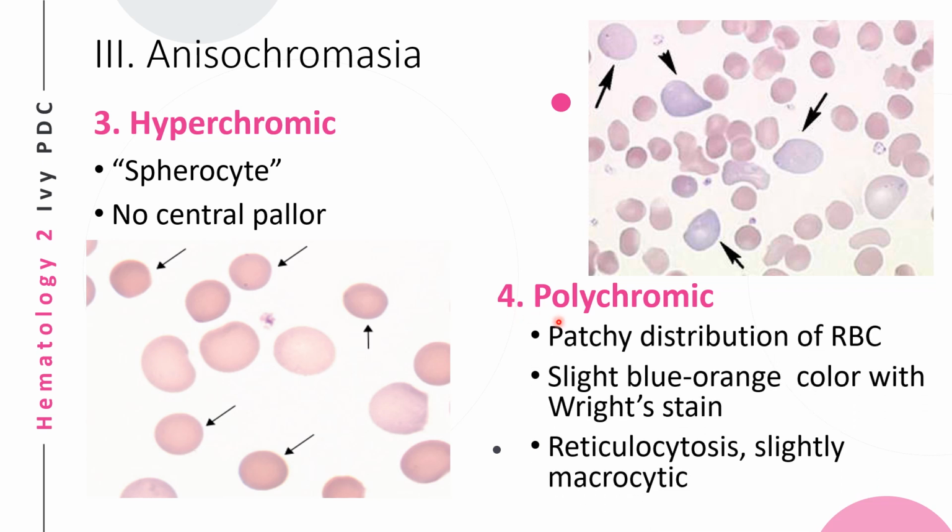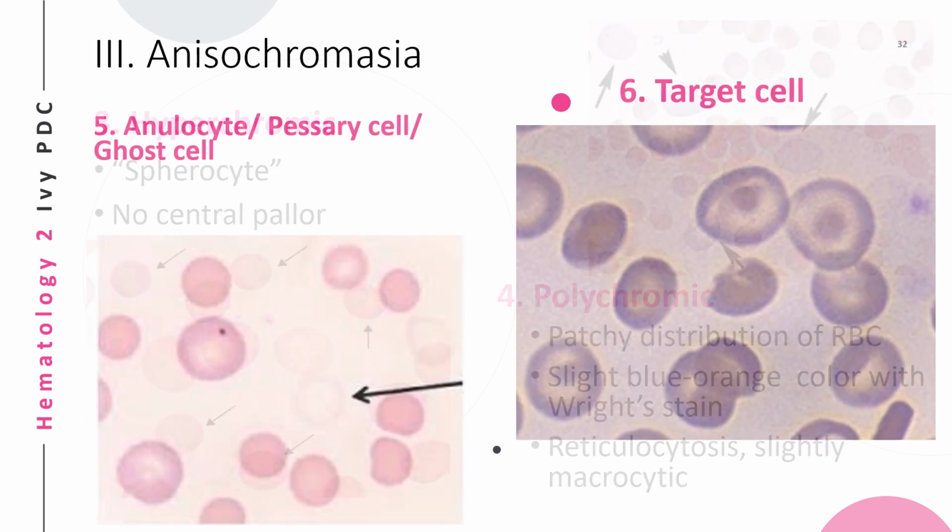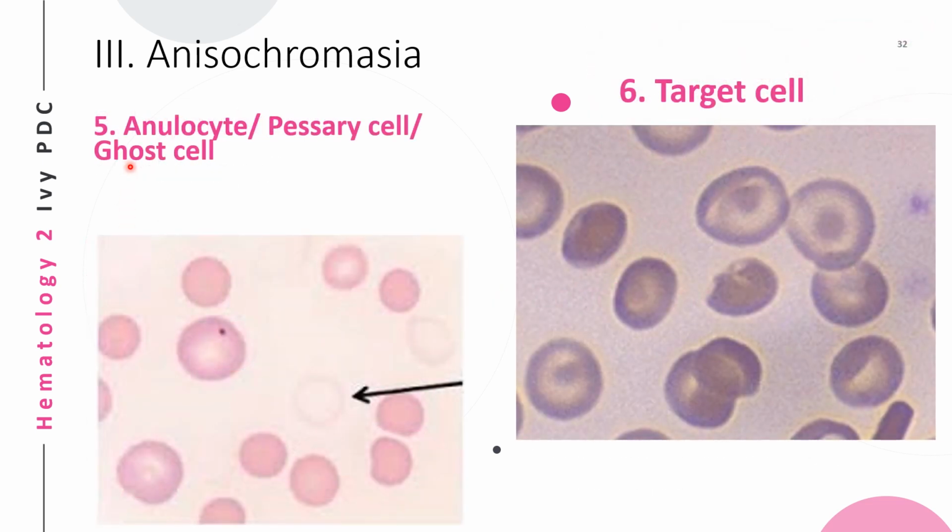Another type of red blood cell is a polychromic cell, where it looks slightly blue-orange in color when using the right stain, seen in reticulocytosis, and this is slightly macrocytic. The next type of cell is an annulocyte or a pessary cell, also known as a ghost cell.